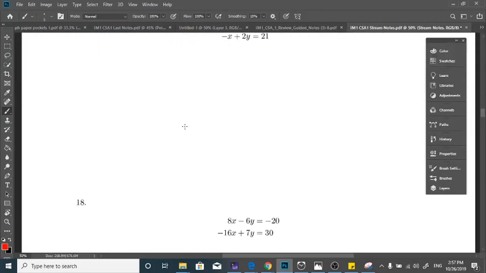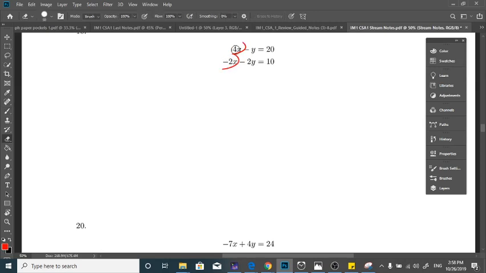Okay, so for elimination, I'm going to show us one quick example here. I'm going to choose, how about this one? Yeah, this one. In this case, either method would be usable, but I would suggest elimination. The reason is because we have a 2 and a 4.